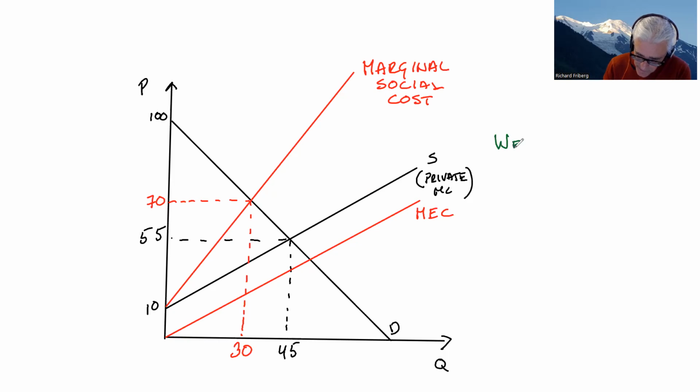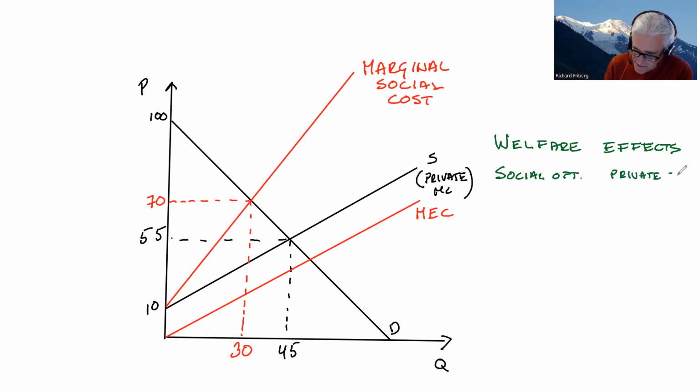I'm going to be looking at welfare effects, in similar ways as we've done in the rest of the course, using consumer surplus and a version of producer surplus. So we can compare the social optimum, or the solution 70-30 here, with the private solution where the externalities are not taken into account.